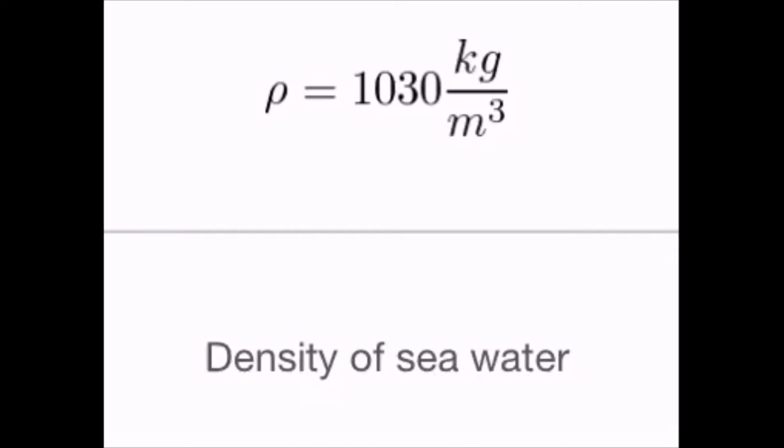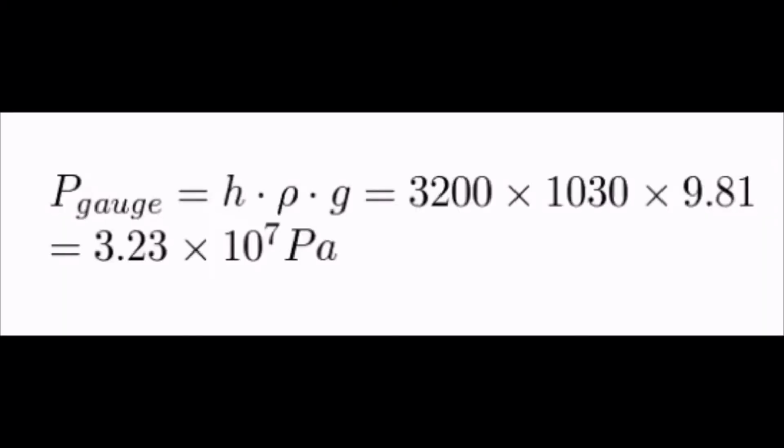The density of seawater is equal to 1030 kilograms per meter cubed. Now we have all our values ready for our formula. Let's plug it all in and we would arrive at a final answer of 3.23 times 10 raised to the 7 Pascal. However, we are not quite done yet.